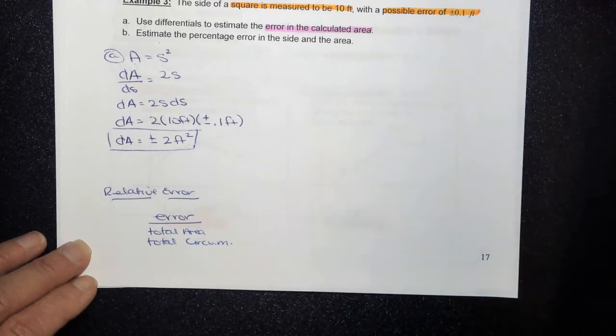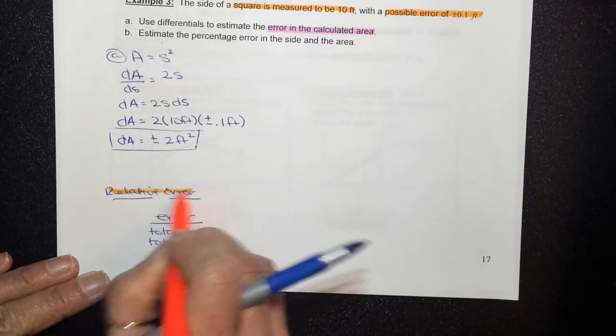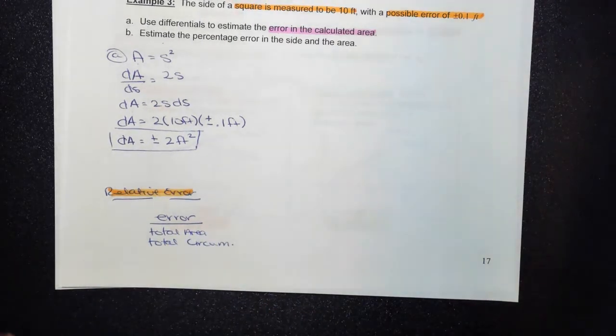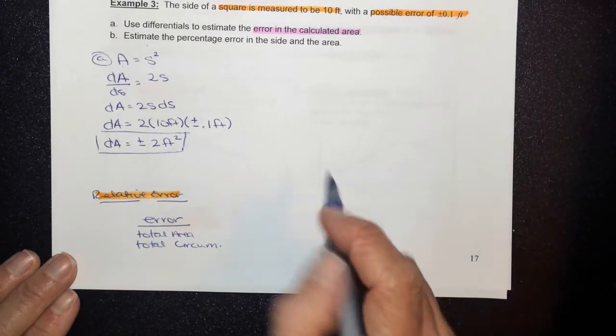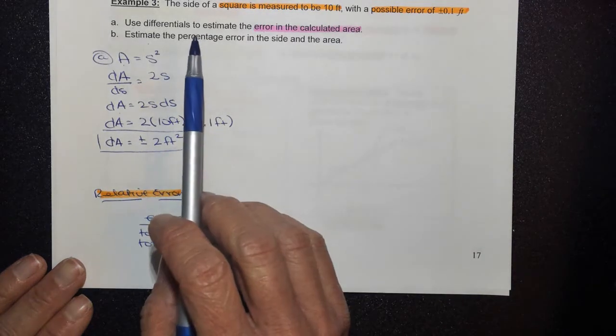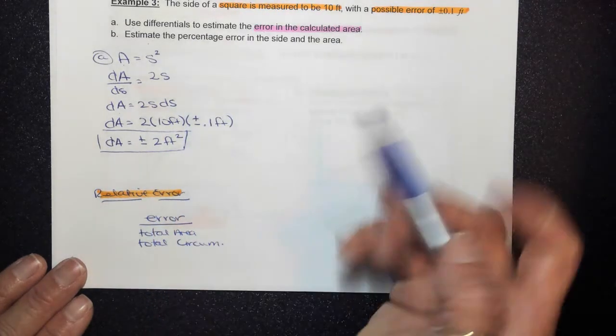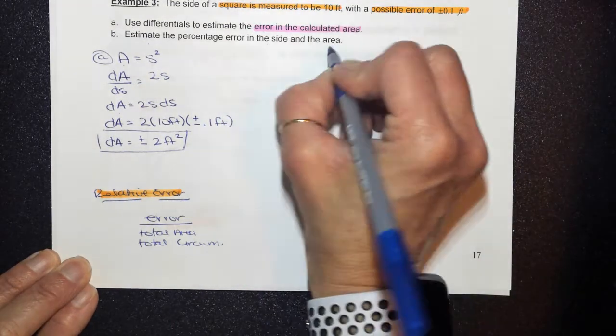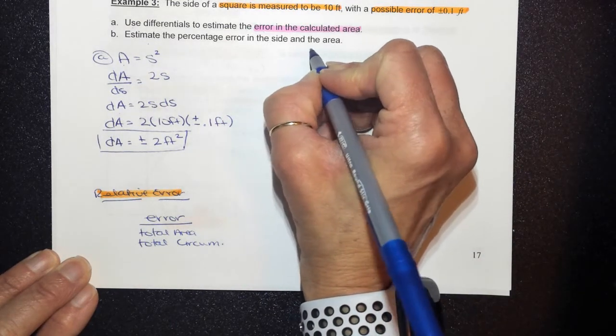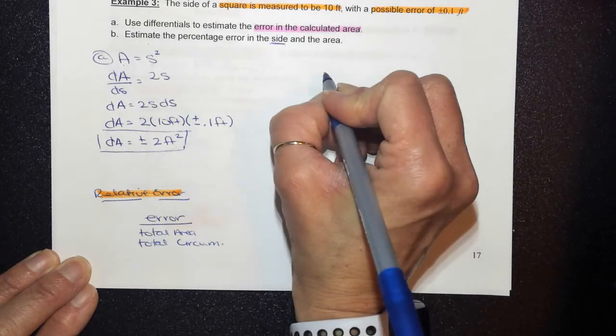You might need this at another time. So we need to figure out the percentage or relative error in our side, and we're going to do this one first.